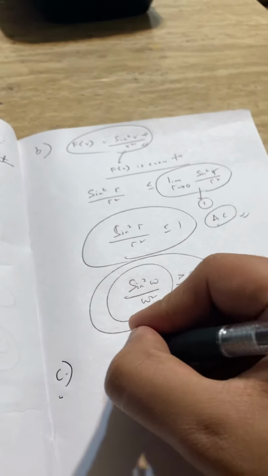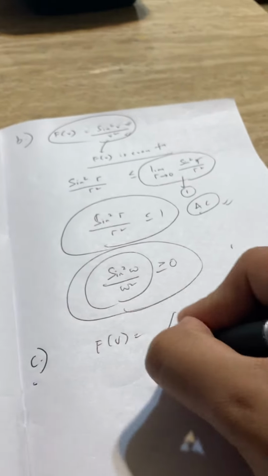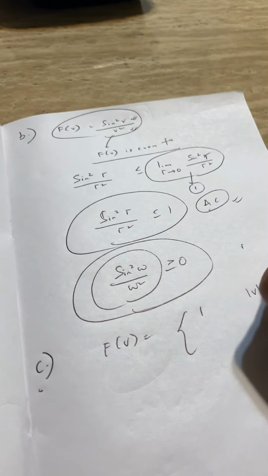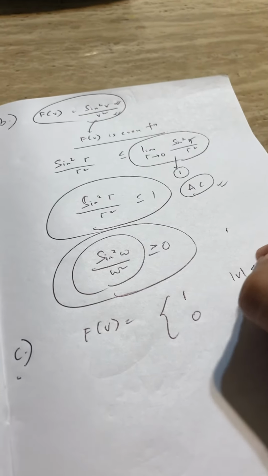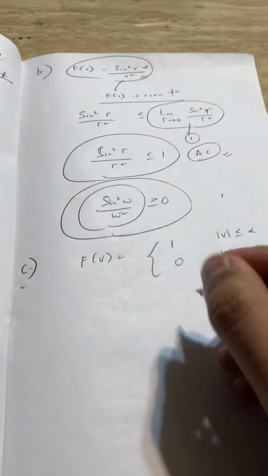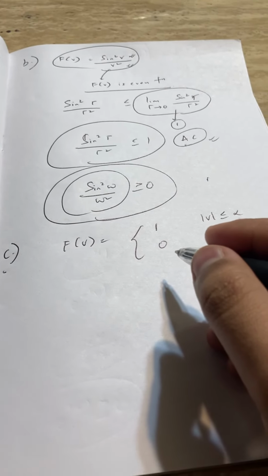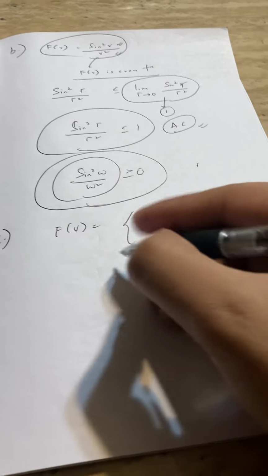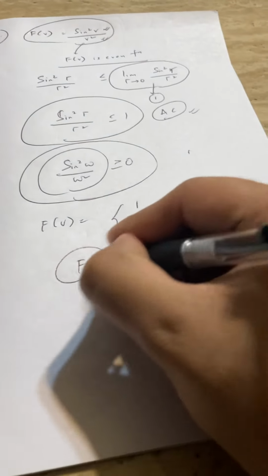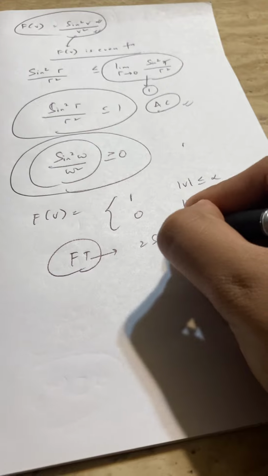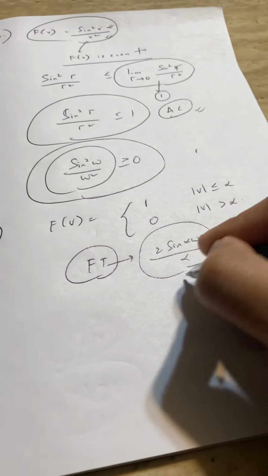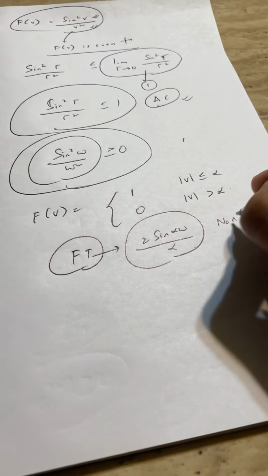So in part C, we are given f of v as 1 when mod v is less than or equal to alpha, and 0 when mod v is greater than alpha. In this case, we can see that the Fourier transform is 2 sine alpha omega by alpha, which is not non-negative.